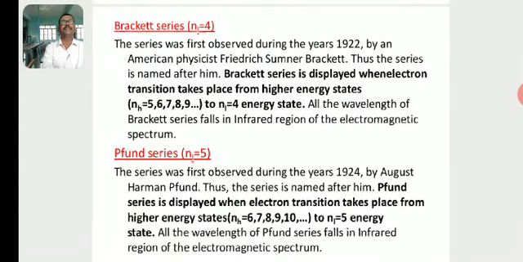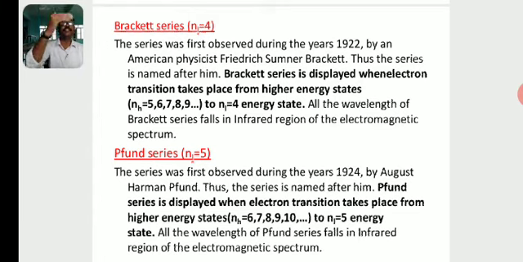Brackett series. So the series was observed in the year 1922 by an American physicist, Brackett. This series, the Brackett series, is displayed when the electron transits from higher energy orbit to fourth energy state.